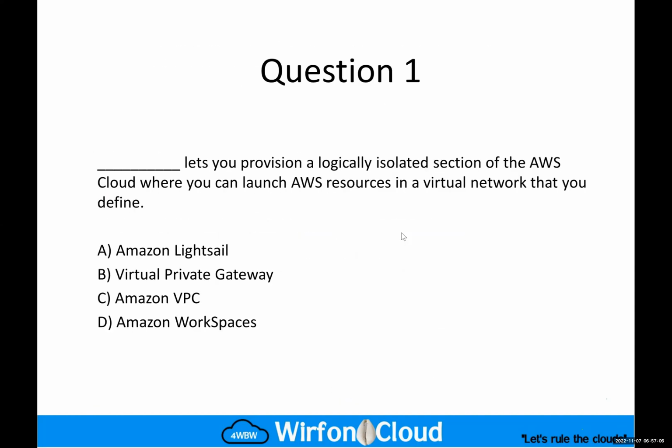So let's look at this question: what is available in AWS that lets you provision a logically isolated section of the AWS cloud where you can launch AWS resources in a virtual network that you define? If you have your answer, you can say it loud or post it in the chat.